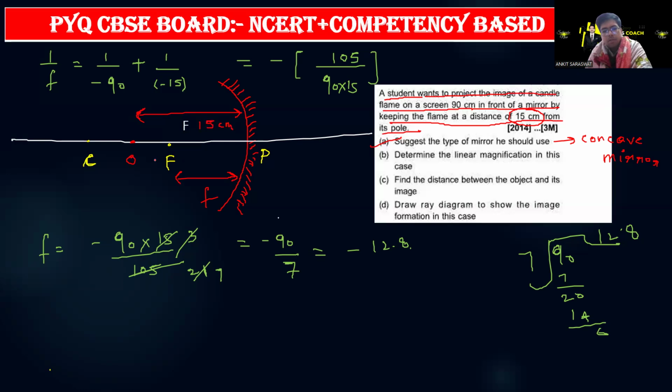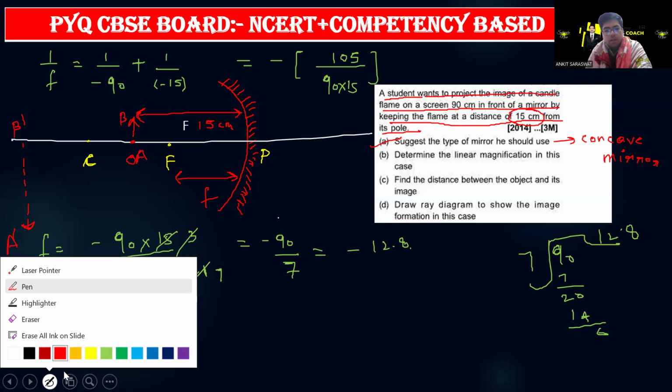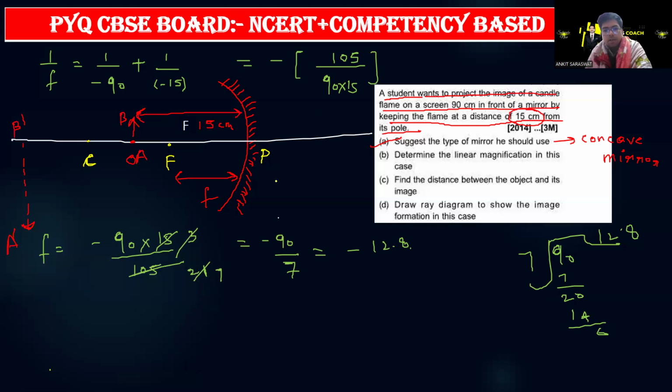Then image is always magnified. A dash, B dash. If object is placed between center of curvature and focus, image is formed beyond C. Like this.